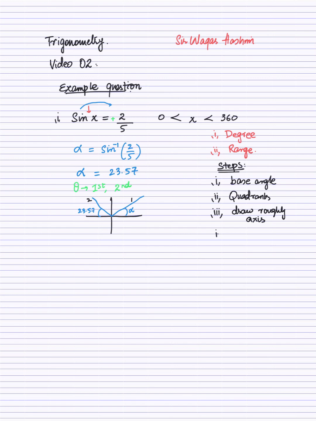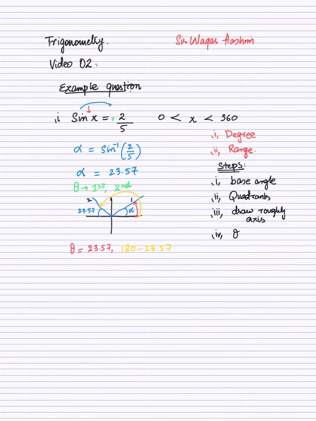And the fourth step, you need to highlight the theta. For the first quadrant, theta starts from the x-axis. Since the range is positive, we are moving in an anti-clockwise direction. So theta for the first quadrant equals alpha, that is 23.57. To find theta for the second quadrant, the value is 180 minus 23.57.